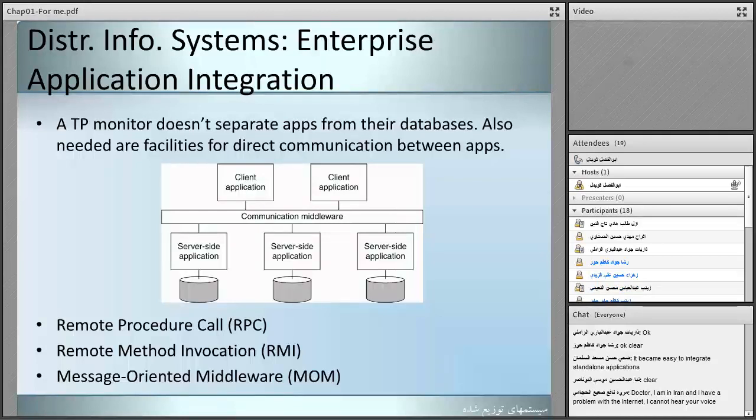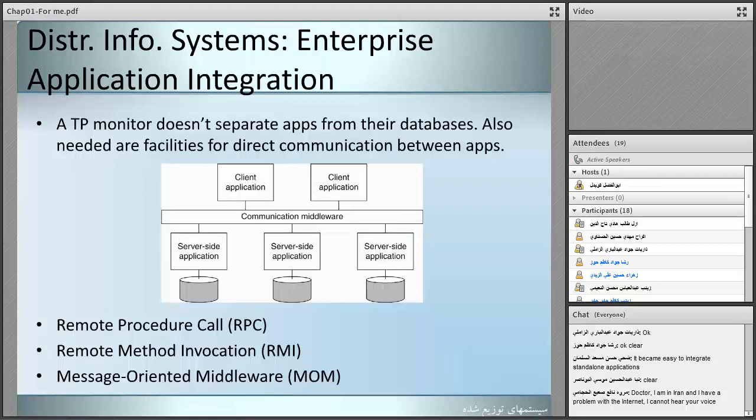And lastly, message-oriented middleware, or MOM. It is based on message passing or message sending.